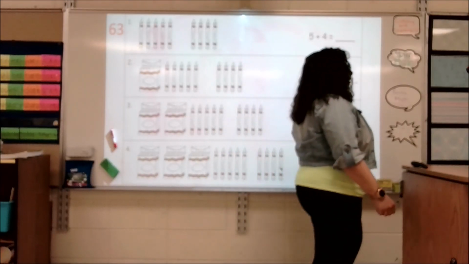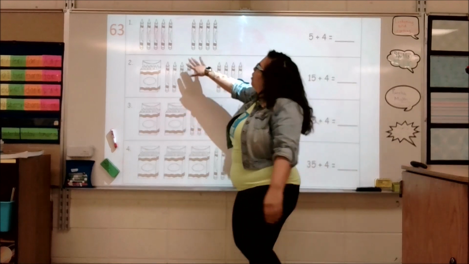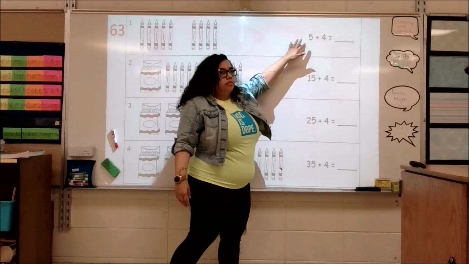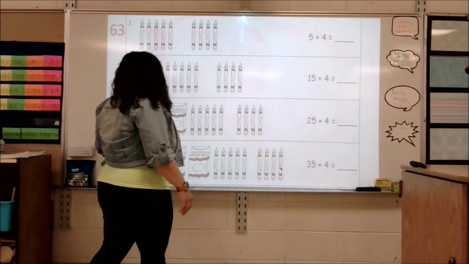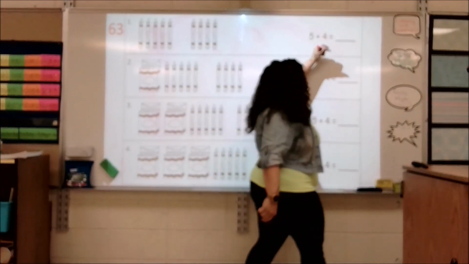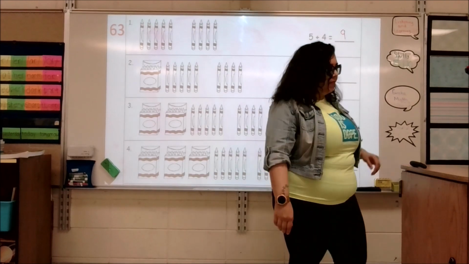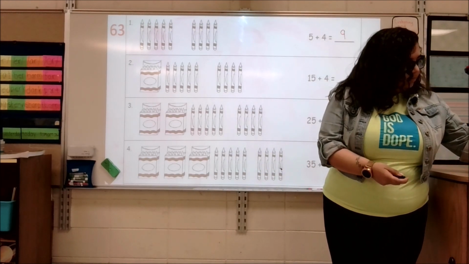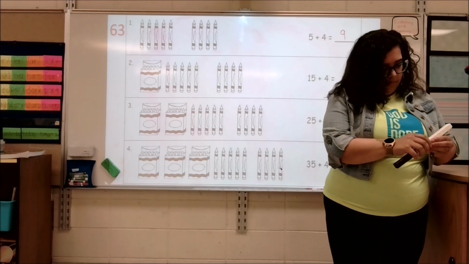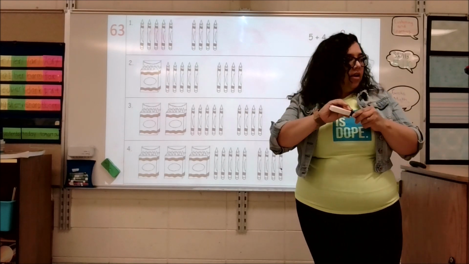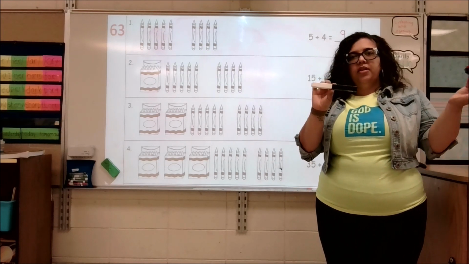So, looking at this problem, we see crayons. Pretty simple, pretty straightforward. 5 and 4 is 9. We know that. So if I have 5 and 4 is 9, let me show you that with cubes. What happens if I add a group of 10?